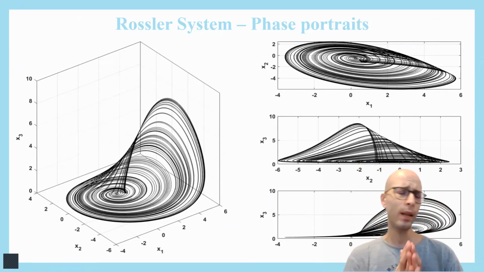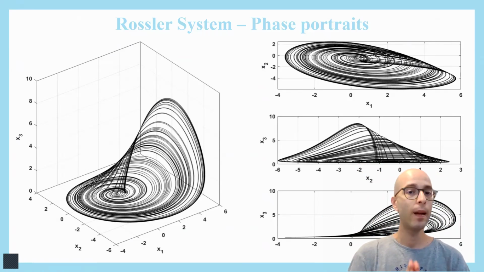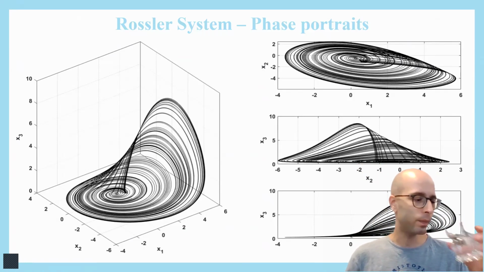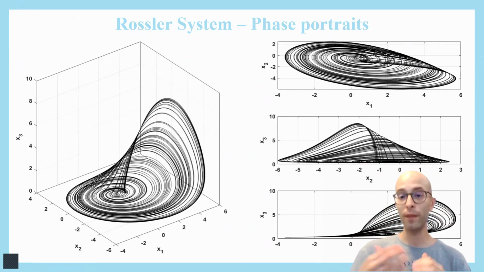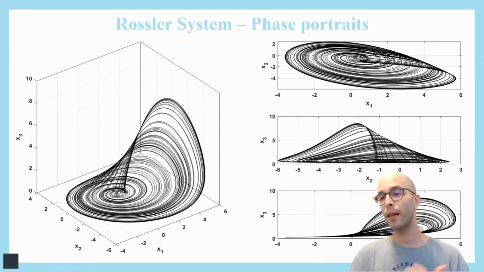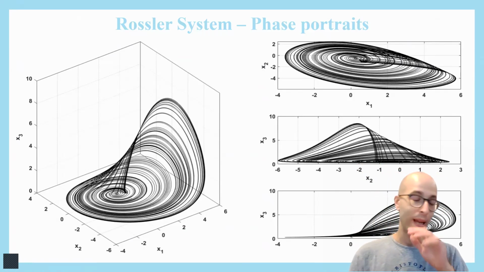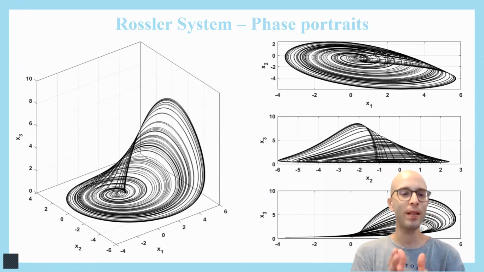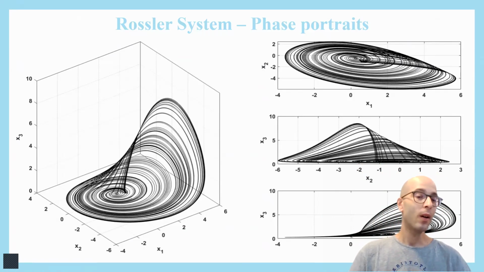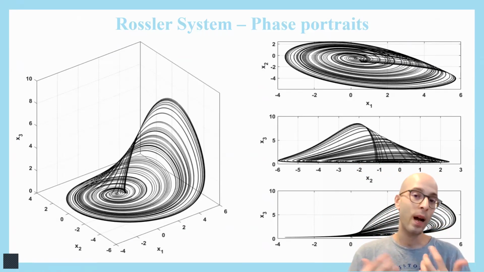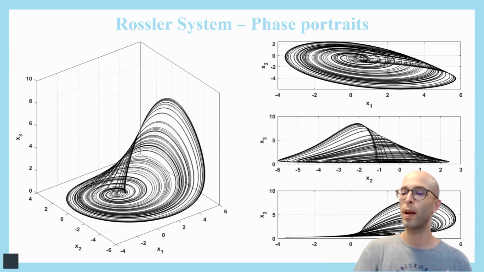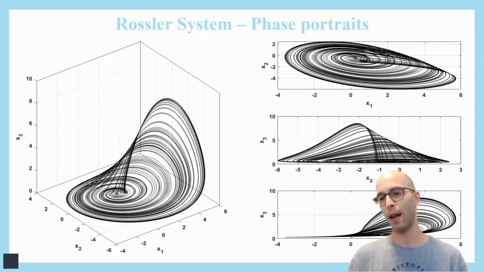It gives us very nice information. It tells us how the states evolve with respect to one another over time. This graph is very interesting because you will see that we obtain a very weird shape in the phase space. This shape, which is basically the shape of how the three trajectories interact with one another, is called an attractor.